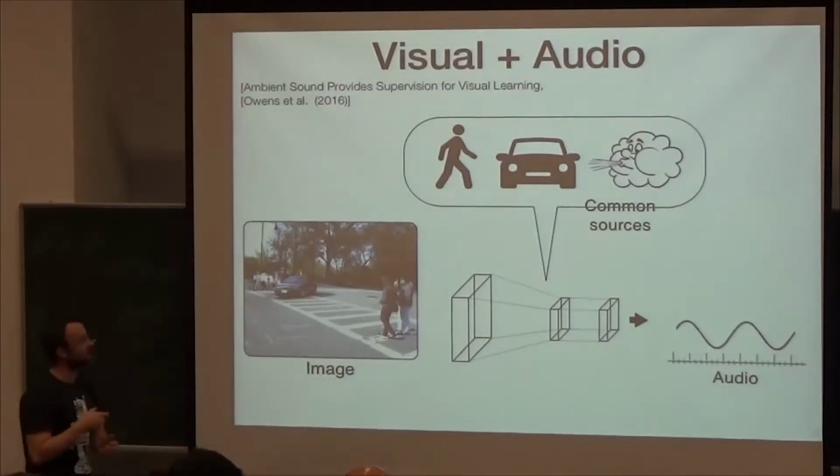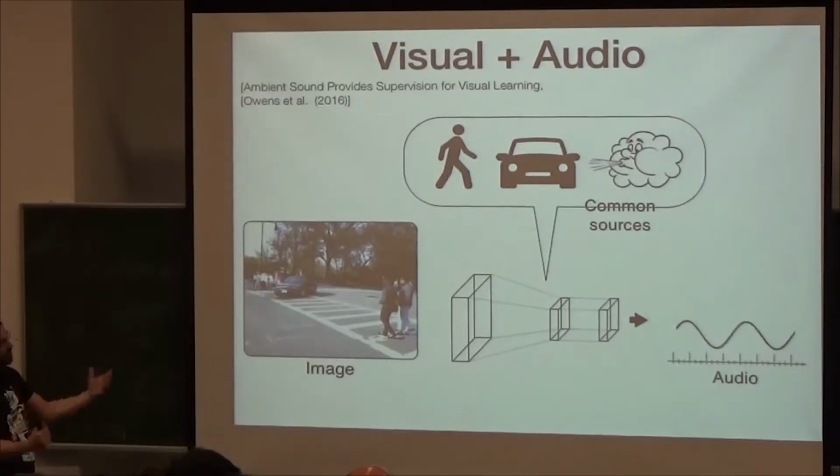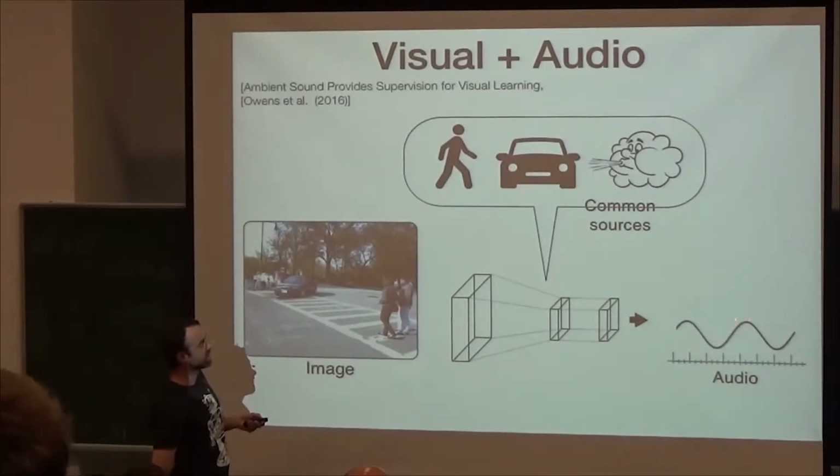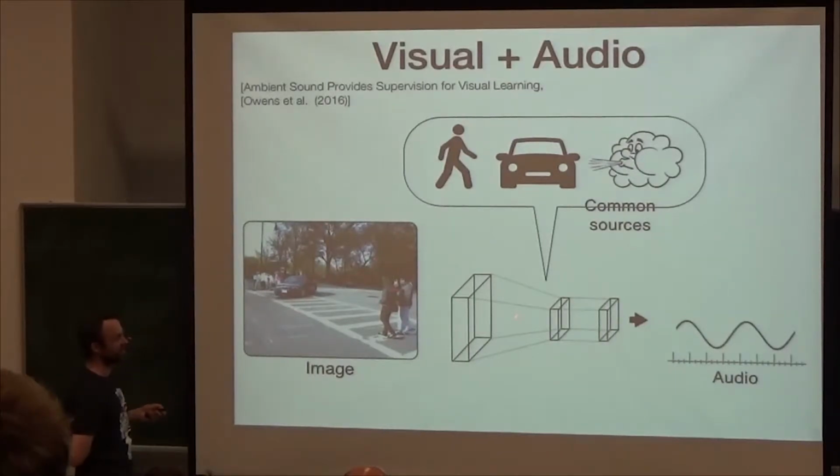And then quickly, there are some approaches that use the fact that in practice you often have videos that have sound, so you can imagine having image information with audio. The basic idea is that if you create a network that goes from the image to predict the sound, you have to understand a bit about the scene. If the sound is that of a car driving, you'd have to know that this was a separate object and that cars make certain sounds.